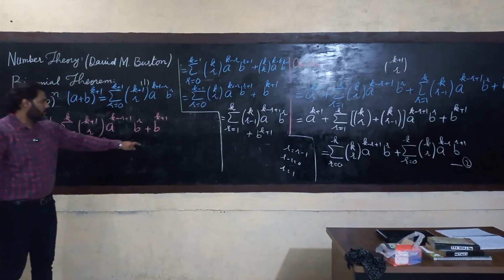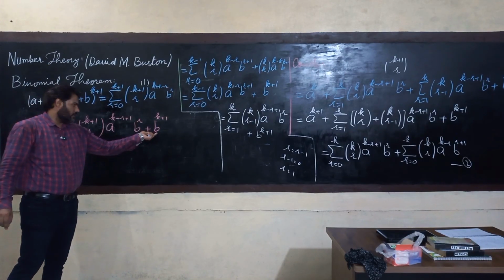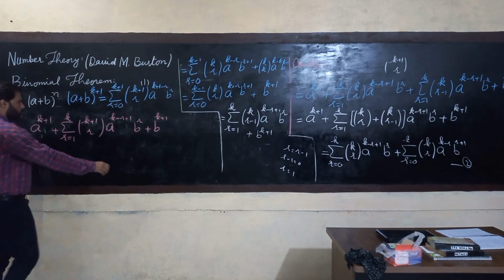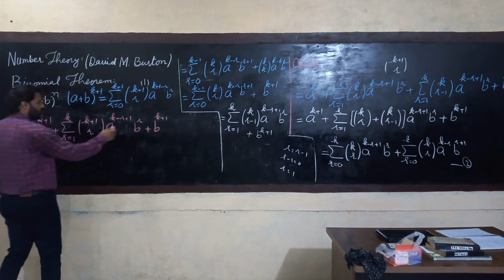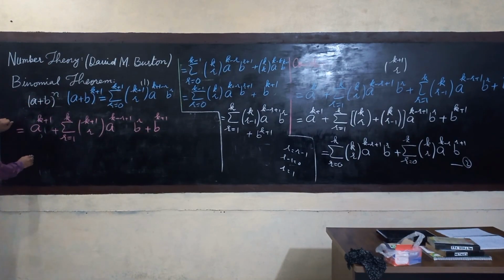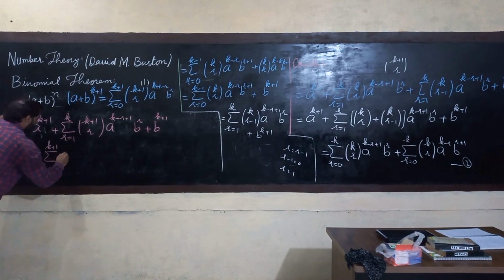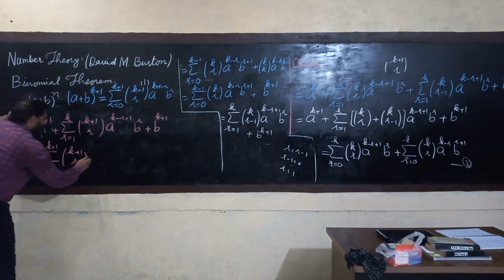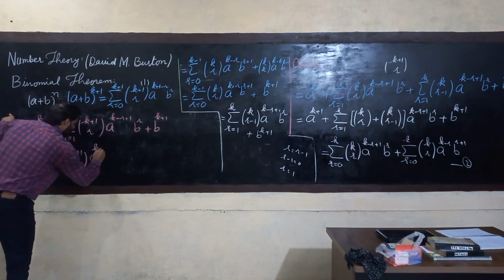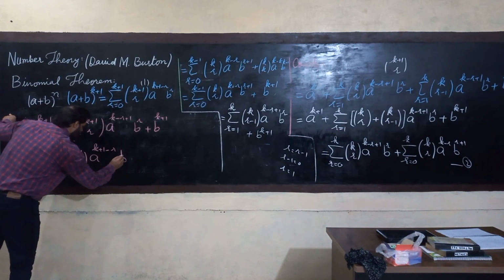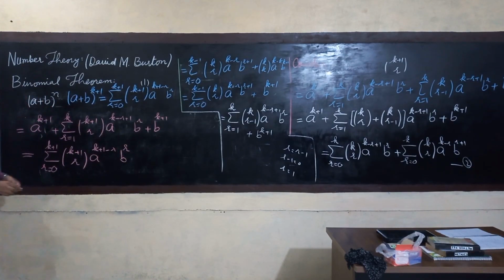Lastly, if we combine these two terms, a raised to power k plus 1 and b raised to power k plus 1, with this sum, we can write the last sum as summation r is equal to 0 to k plus 1, k plus 1 choose r, a raised to power k plus 1 minus r and b raised to power r.